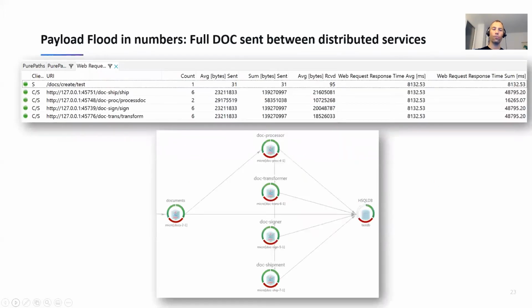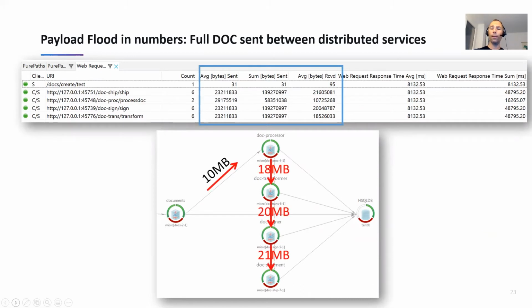And the challenge with this was the data that was sent back and forth. The initial document was only 10 megabytes big, but then the whole document was forwarded to each individual service that then added more additional data to the document. So there's a lot of data that is being sent across the network, because always the whole document was sent, even though the whole document was not always needed by every individual service.